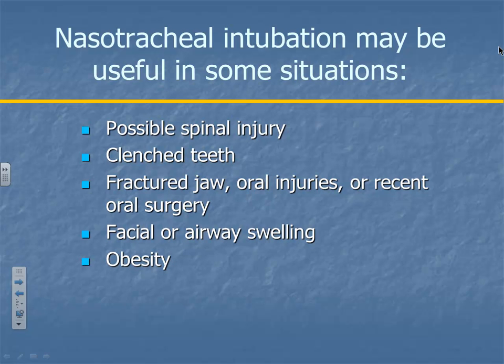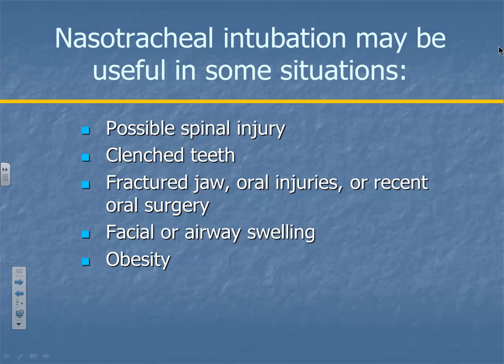Okay. Now, why is obesity up here? Their head's too heavy. Yeah, when you've got somebody that is obese, oftentimes they have a lot of excess tissue in this area, both internally as well as externally, and it makes it very difficult to see.